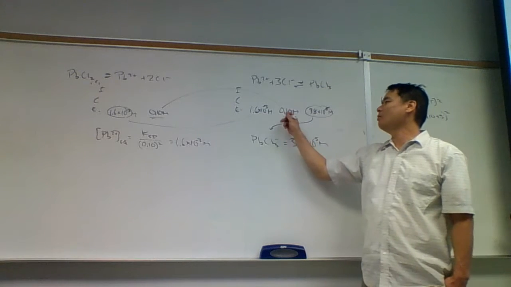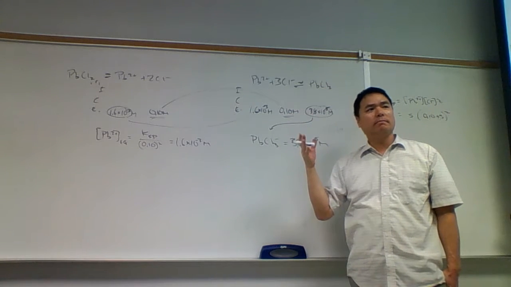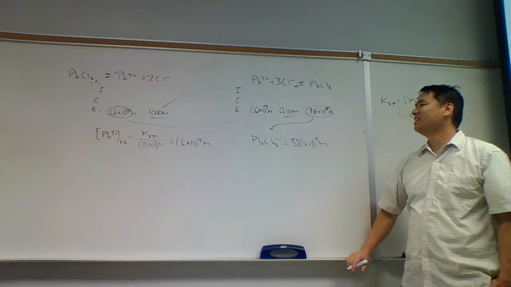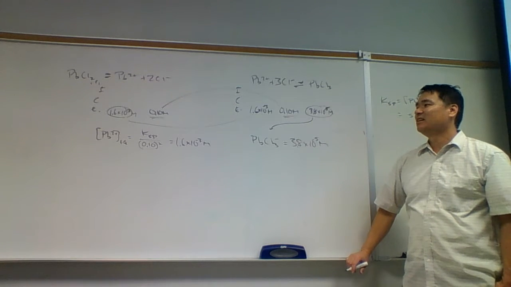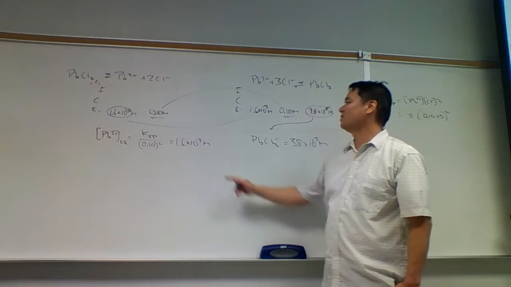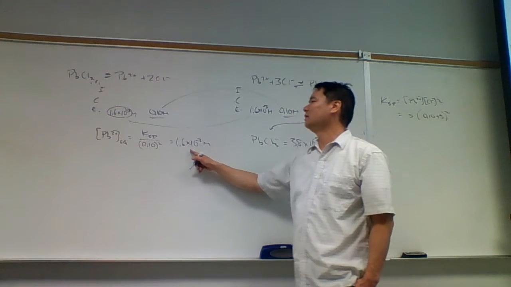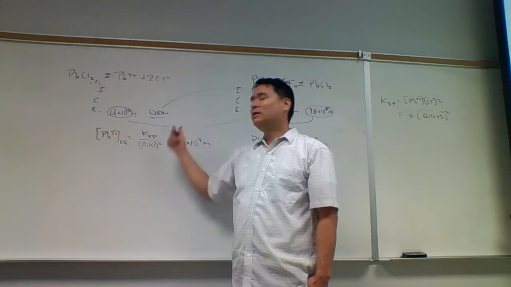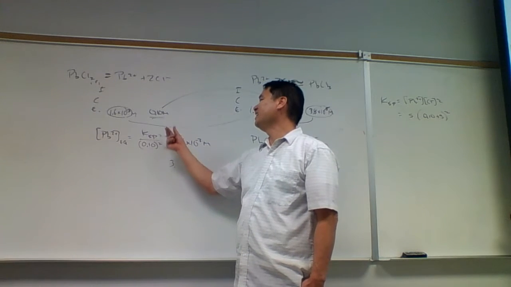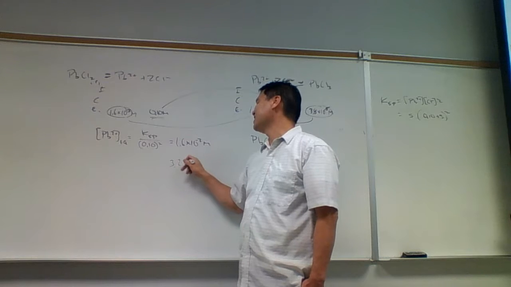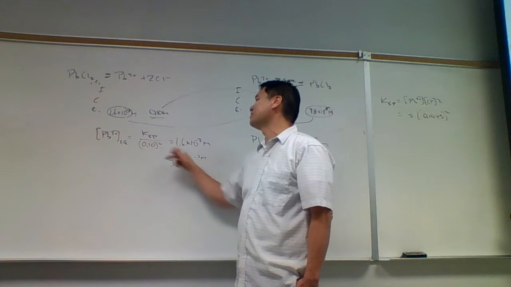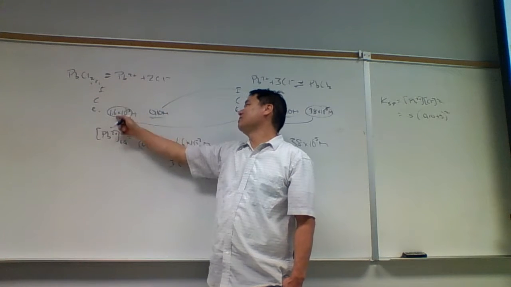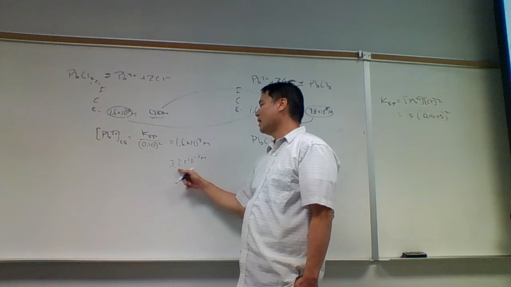But we only had 0.10 molar chloride to begin with. So where did the extra chloride come from? Well, maybe that extra chloride was over here. Remember, we lost some chloride over here. We needed another 3.2 times 10 to the minus 3 molar chloride, because for every 1.6 of lead, we need double that amount in chloride.